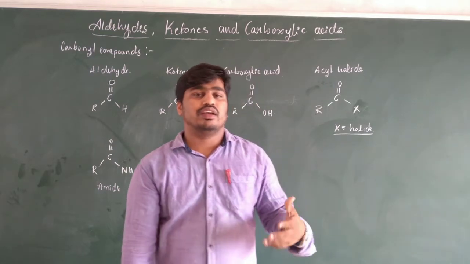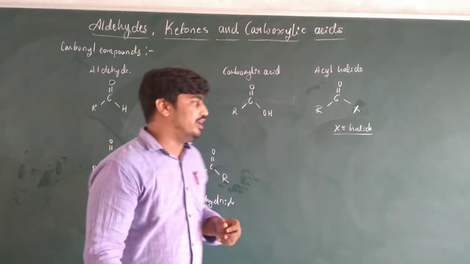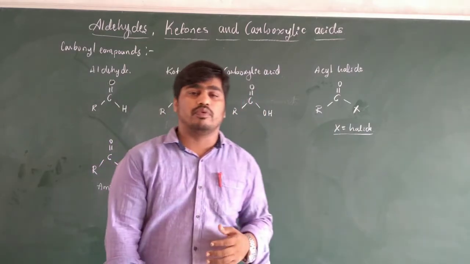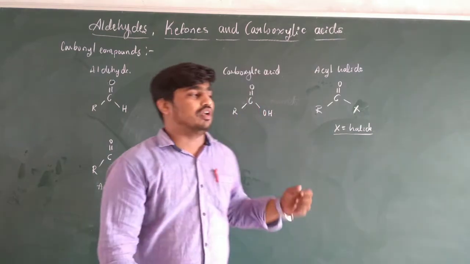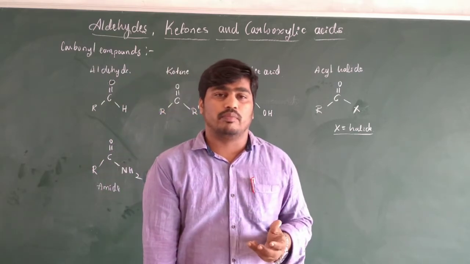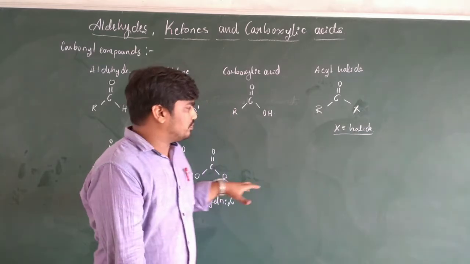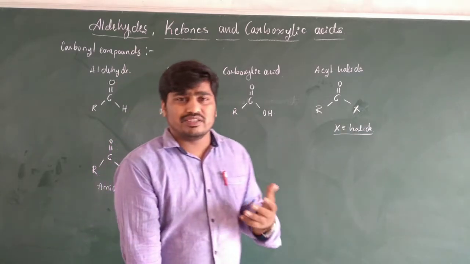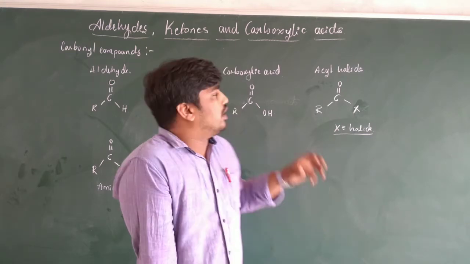Vanilla beans contain vanillin. It is a derivative of aromatic carbonyl compounds. Similarly, cinnamon. Okay, in cinnamon also it has a pleasant smell, so that compound also contains carbonyl compounds.